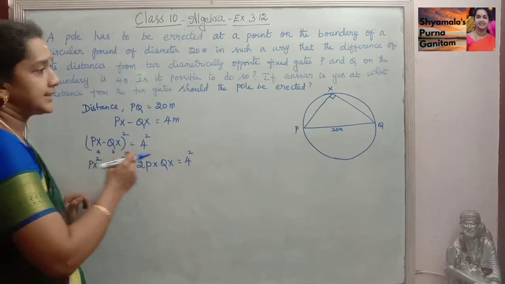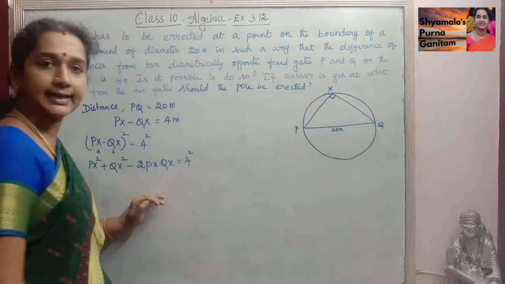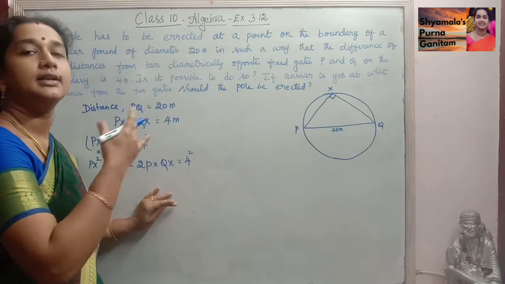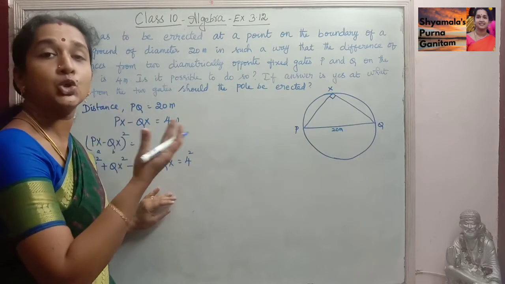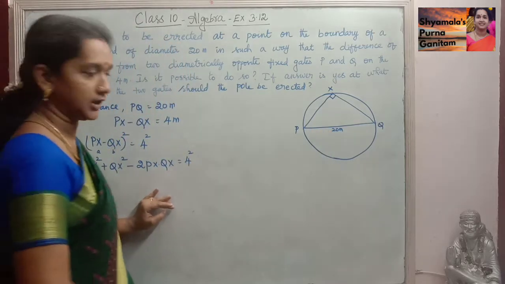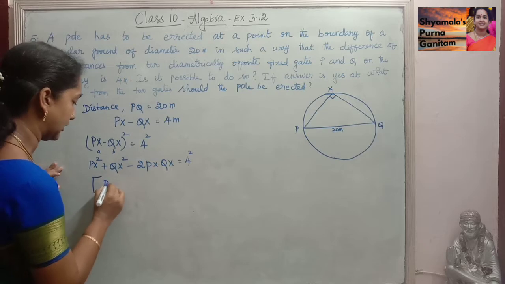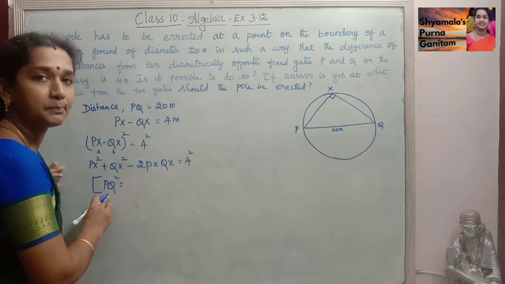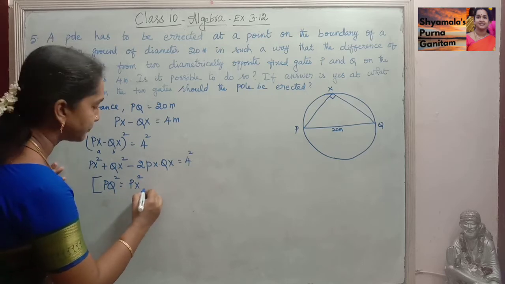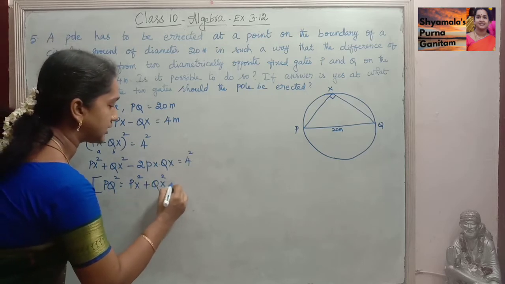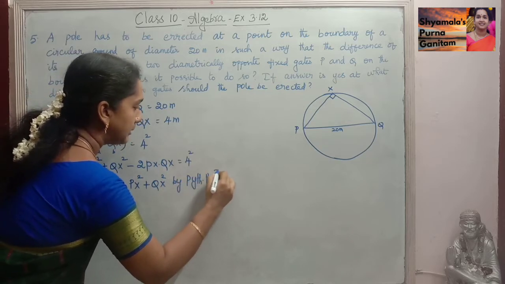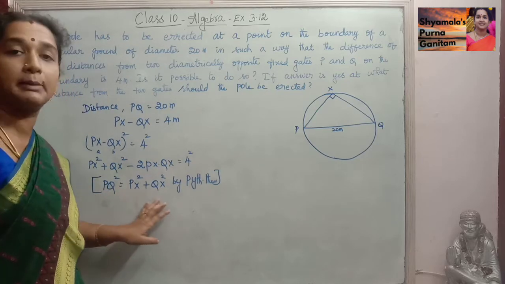Since it is a right angle triangle, Px squared and Qx squared are the squares of the other two sides, and PQ is the hypotenuse. So by Pythagoras theorem, PQ squared is equal to Px squared plus Qx squared.